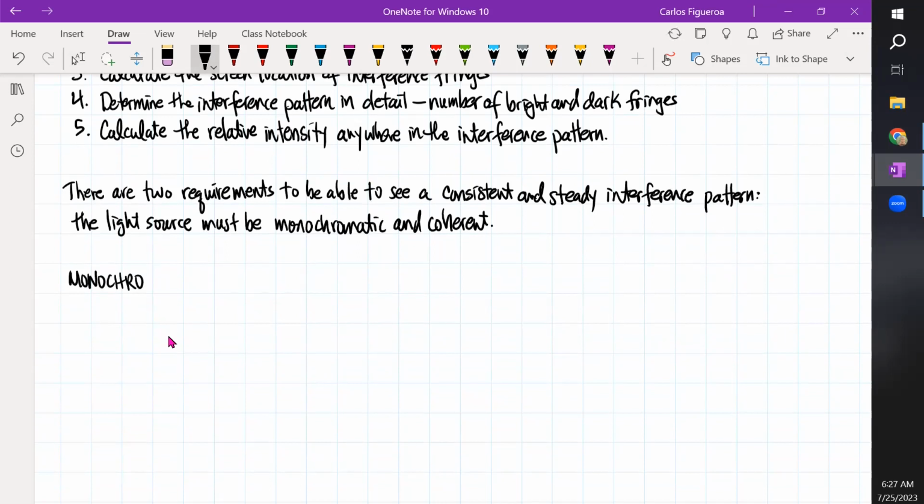Monochromatic light is of a single frequency. And a lot of times people will say a single color.